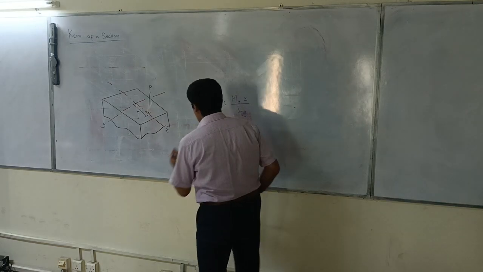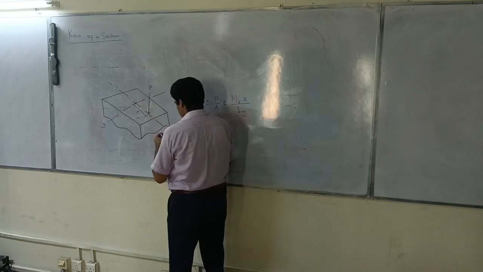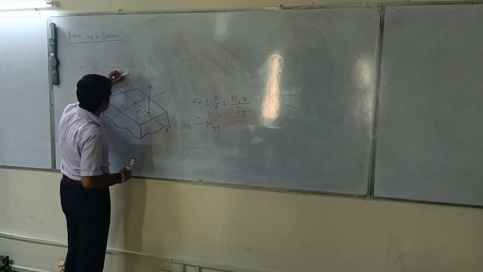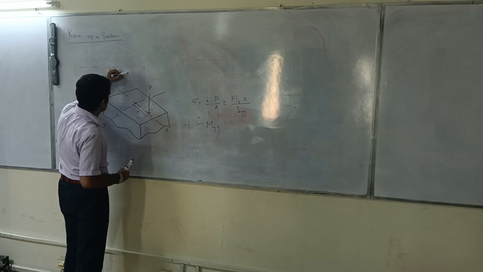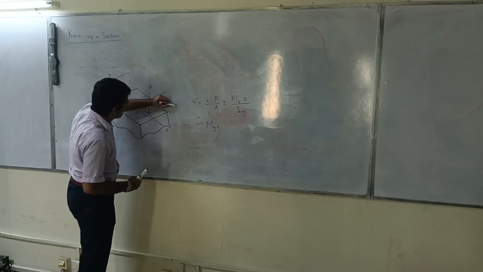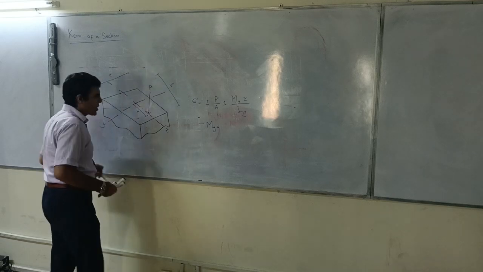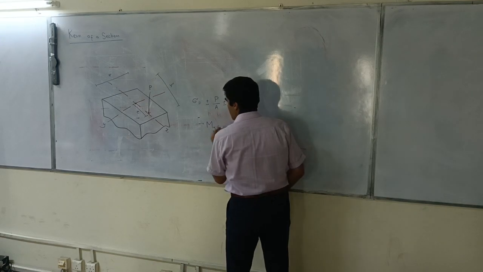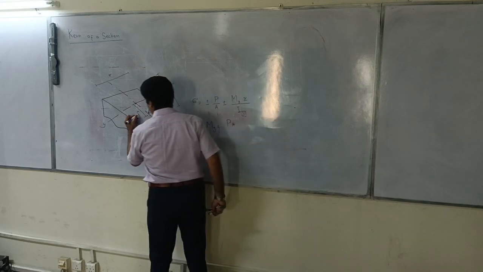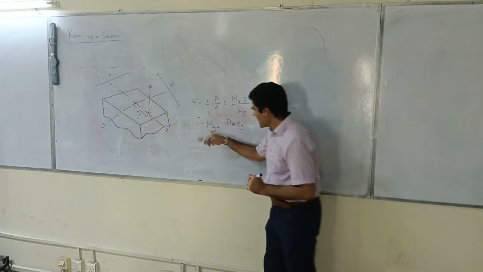Now, what is M_y? Imagining that this section is B by H, M_y is P times E_y.